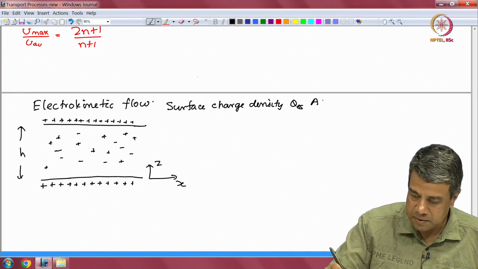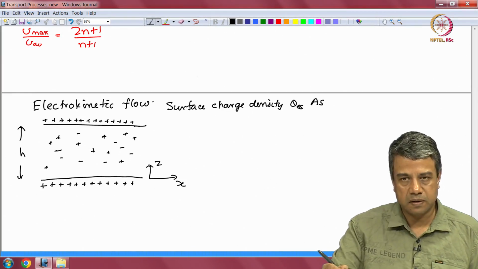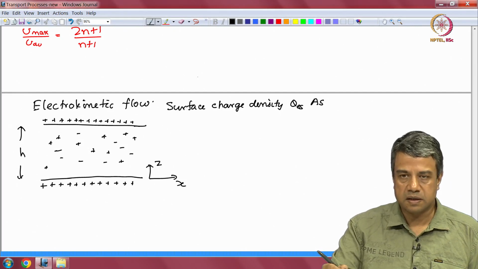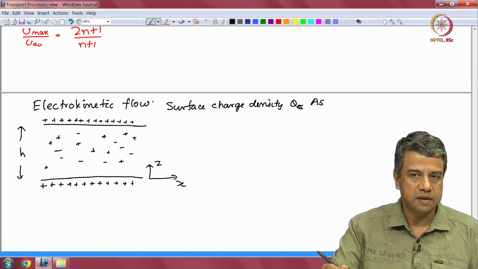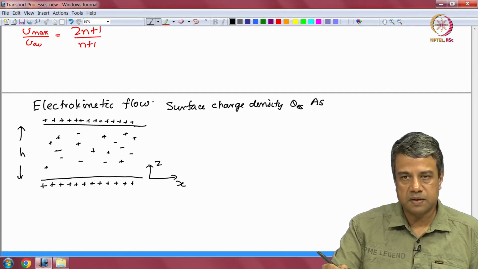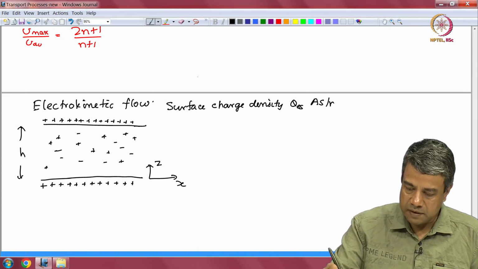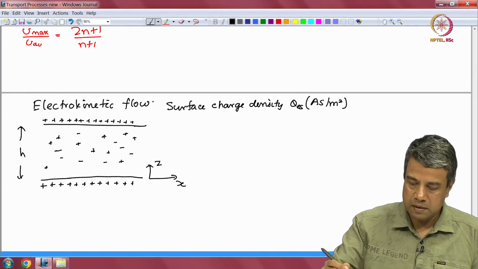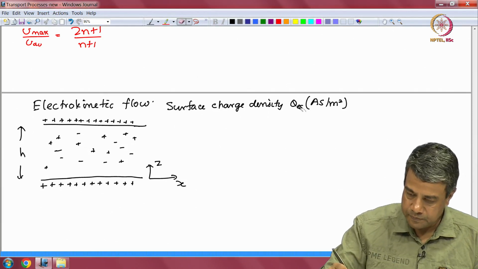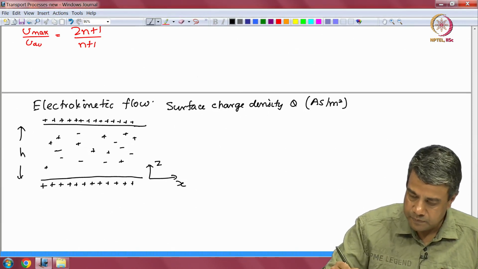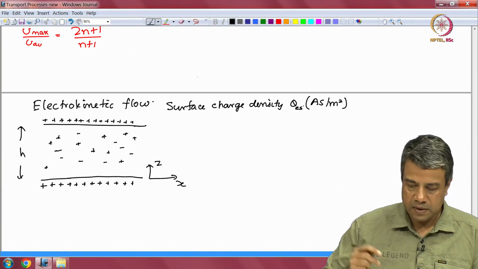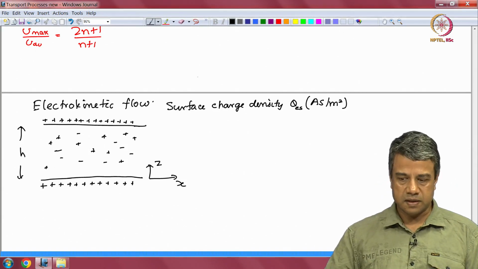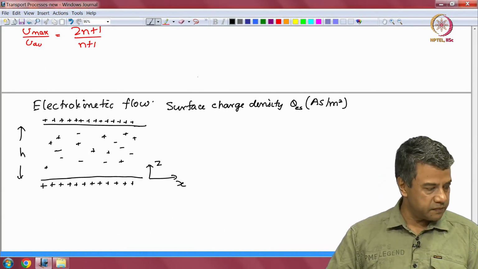Charge has dimensions of ampere times second, because current is charge per unit time, transport of charge per unit time. So, charge has dimensions of current into second divided by meter square. This is the electrostatic charge on the surface per unit area. This is called the surface charge density.